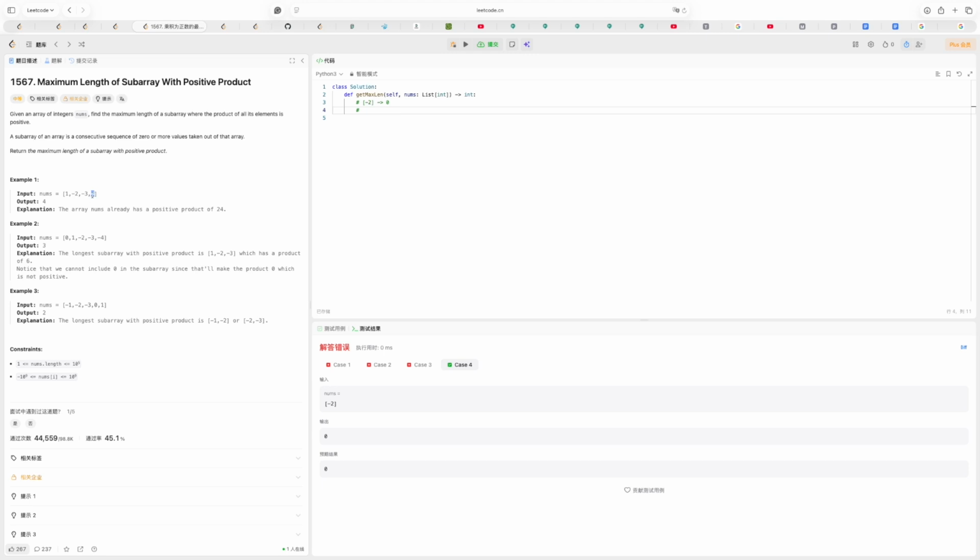It wants the length as long as possible, but the product should stay positive.